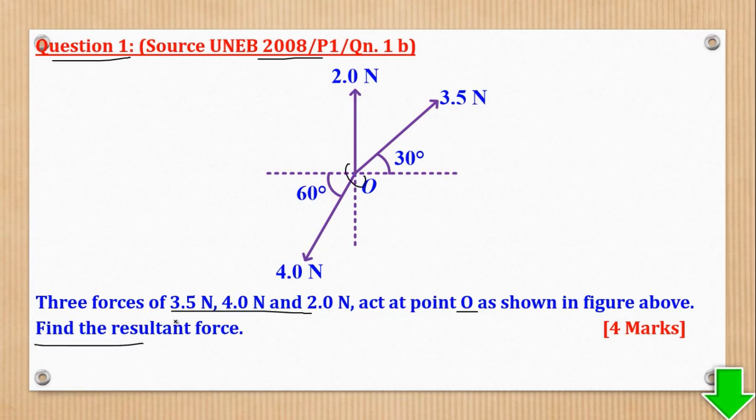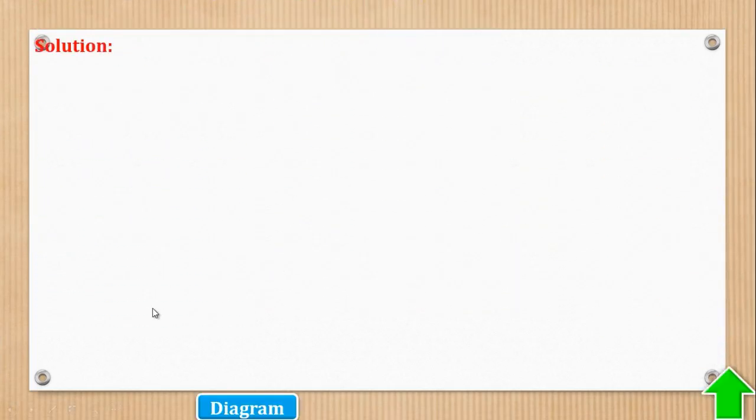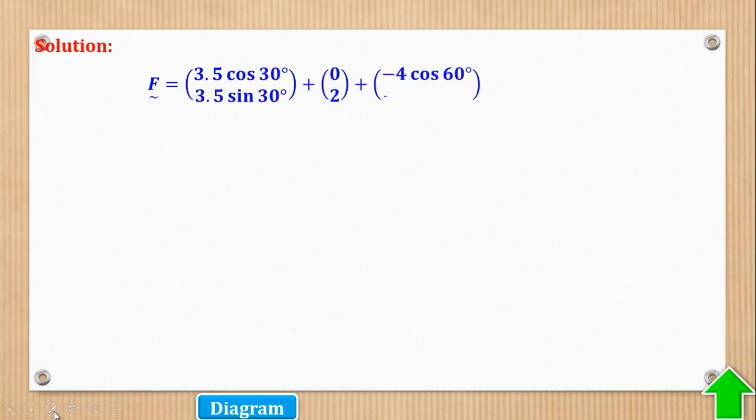Find the resultant force. Remember, force is a vector quantity, meaning it has magnitude and direction. So resolving will give us that. Remember, resultant is a single force which has the same effect as the given set of forces.